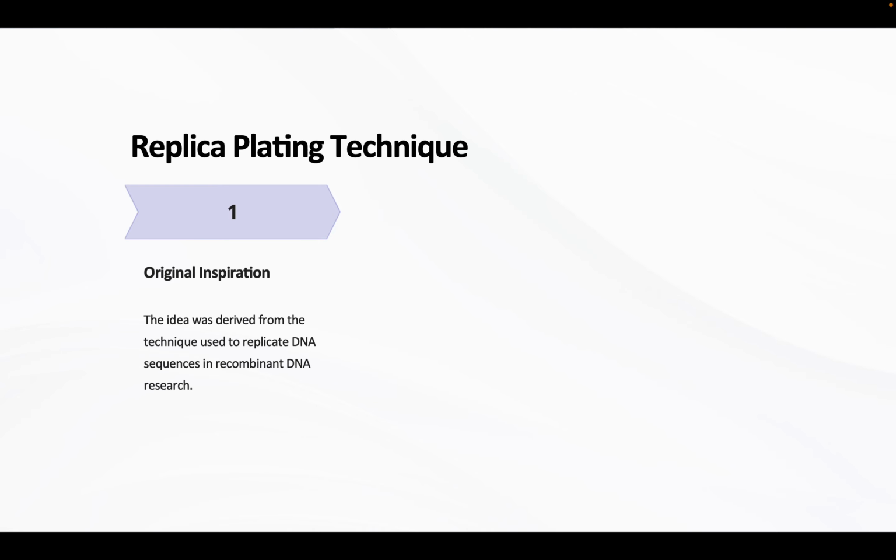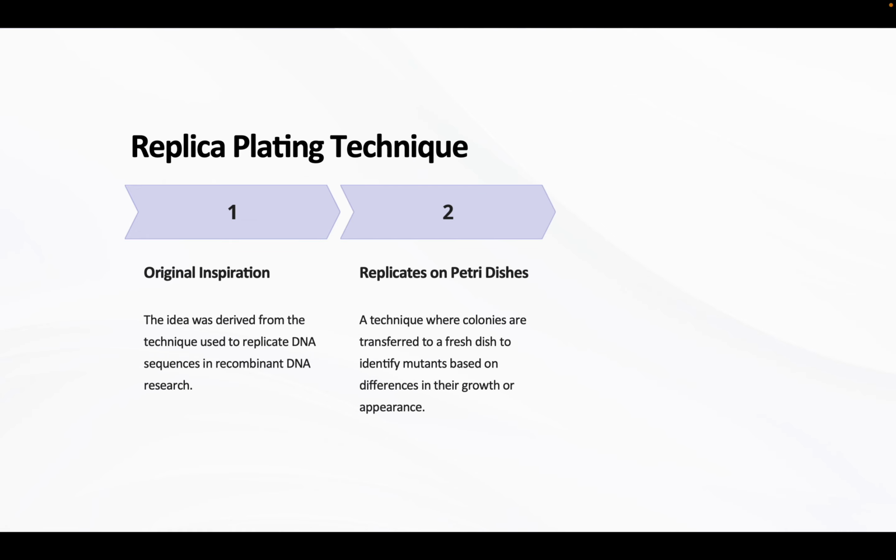The idea came from PCR, like the replication of DNA used in recombinant DNA research, right? So if we can replicate a DNA sequence, why can't we replicate the bacteria from one plate to another? And when we do that, we identify the mutants based on where they grow. I will explain in detail.